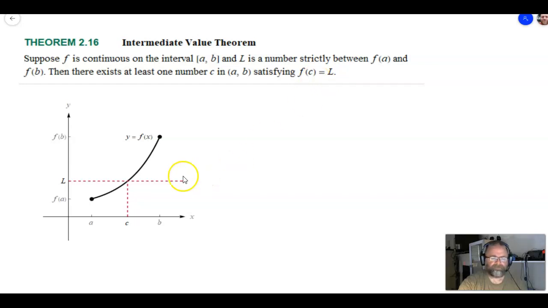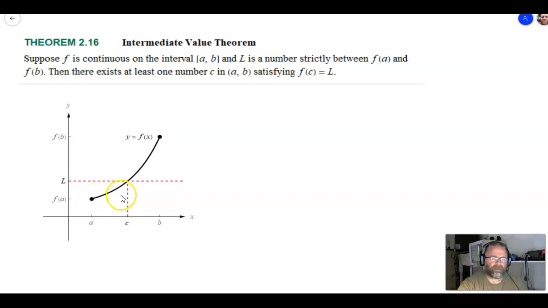So what does that mean? Well, we have a quick graph here. So we have a continuous interval from a to b, and let's talk a little bit about what that means. Continuous over an interval means that it contains the endpoints there, and that you can get from one point to the other without lifting your pen at all.